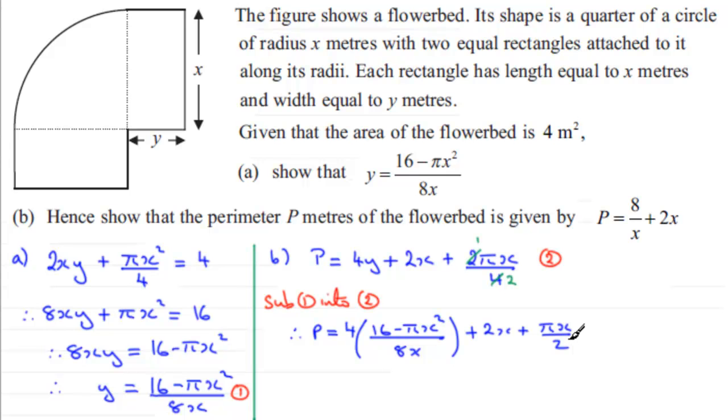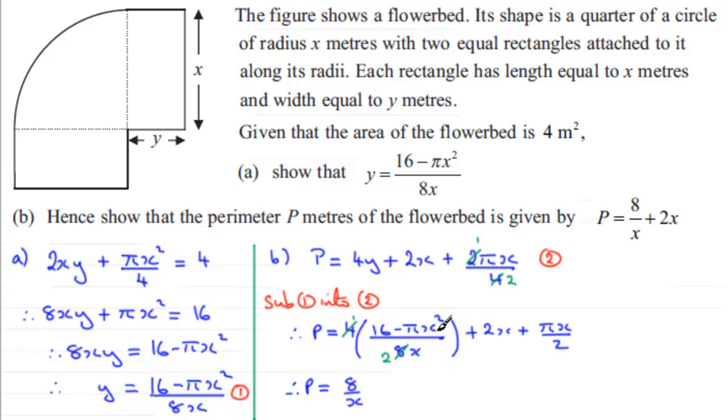Now I can see that I can cancel here. This 4 will cancel into the 8 and give me a 2. So all I've got to do now is just divide 16 and the minus pi x squared by 2x. So you're going to have 16 over 2x, which cancels to 8 over x, the 2 going into the 16.